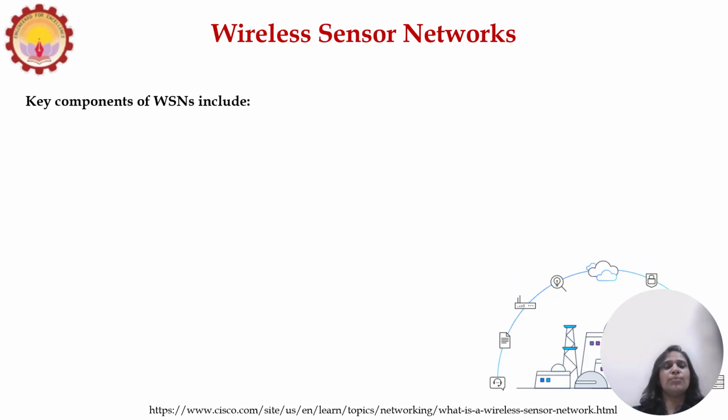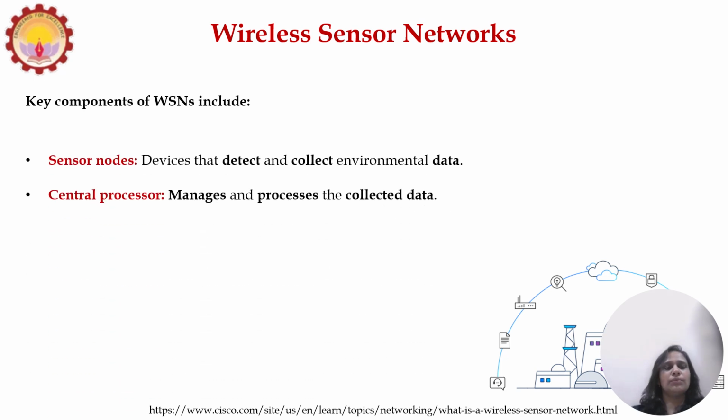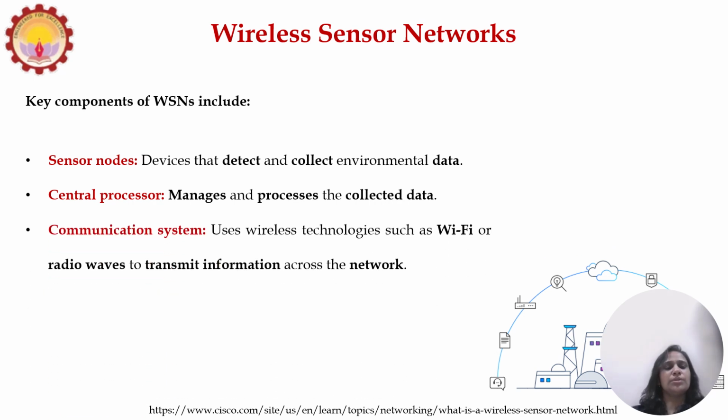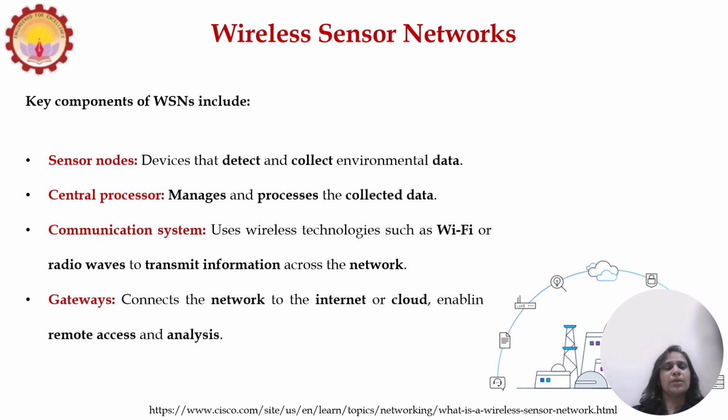So some of the key components of a wireless sensor network include the sensor node, the device that detects and collects the environment data; the central processor, which manages and processes the collected data; the communication system, which uses wireless technology such as Wi-Fi or radio waves to transmit information across the network; and the gateway, which connects the network to the internet or cloud, enabling remote access and analysis.